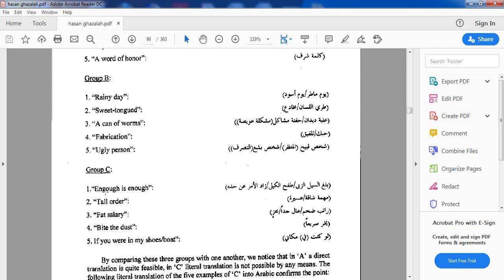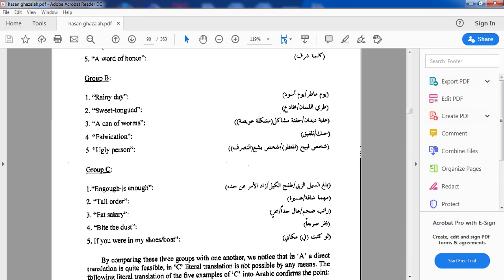For example, when we try to translate the expression "enough is enough" literally, and we say يكفي هو يكفي, what is the meaning? There's no meaning here. Meaning is zero.